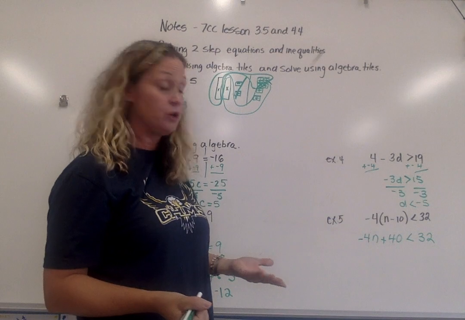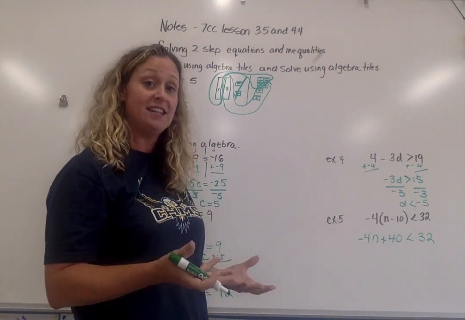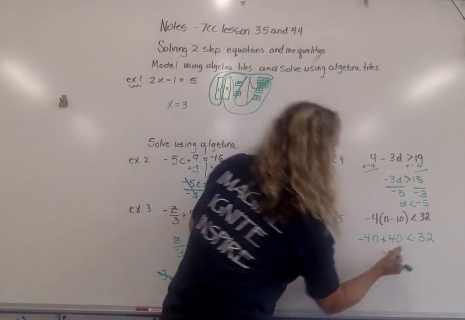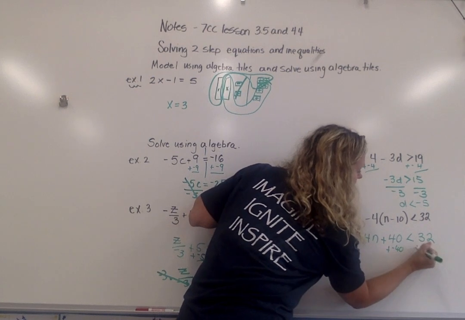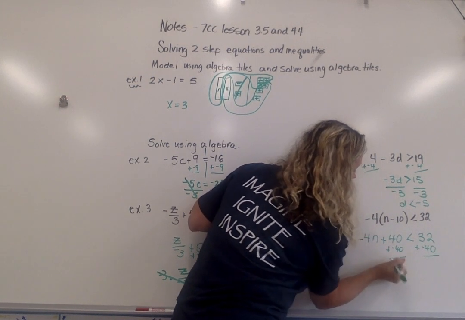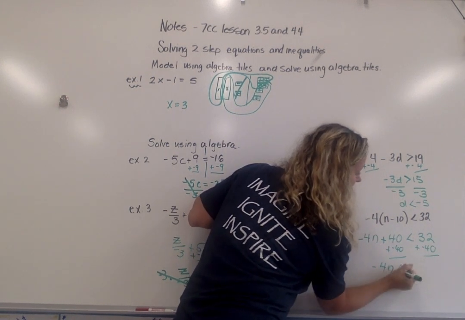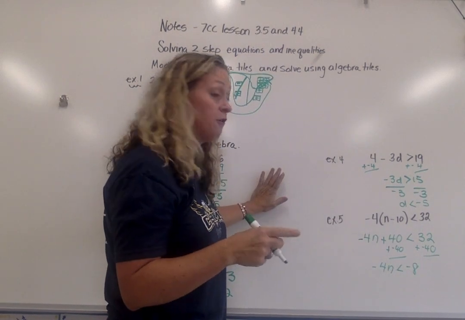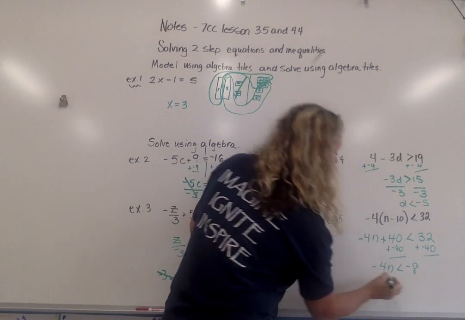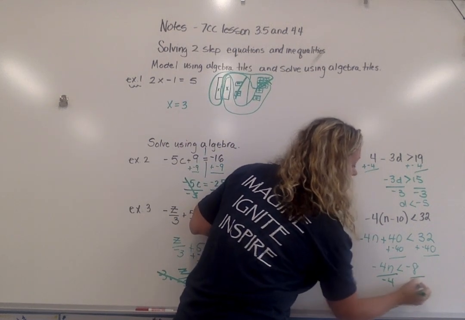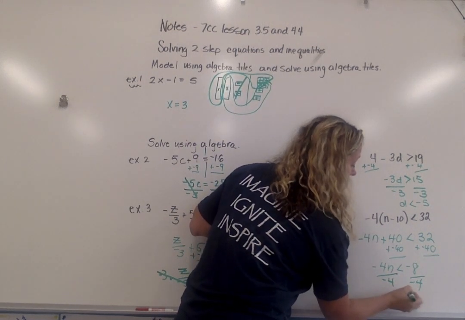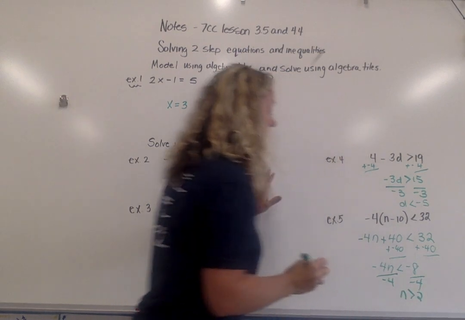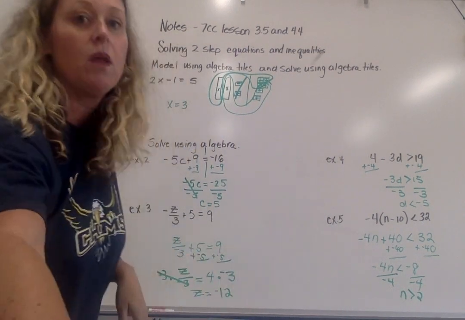I'm going to combine like terms. 40 and 32 are constants, so I'm going to combine them by adding negative 40 to both sides. I have negative 4n is less than negative 8. I'm going to divide both sides by a negative 4. Red flag, it's a negative. So now that less than symbol is no longer a less than symbol, but a greater than symbol.